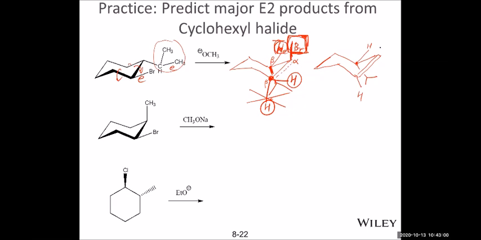This looks very twisted, ugly. And if you draw it in two dimensions, it looks very nice. Cyclohexane, double bond. This carbon has the isopropyl and it is on the down position.